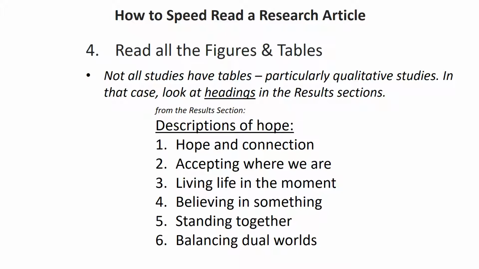And then the third column could be some examples of quotes from the various face-to-face interviews that illustrate the different dimensions of hope and connection. That would have been a wonderful graphic to put in there, but the authors didn't do that, so we just would have to go look at the subheadings in the results section.